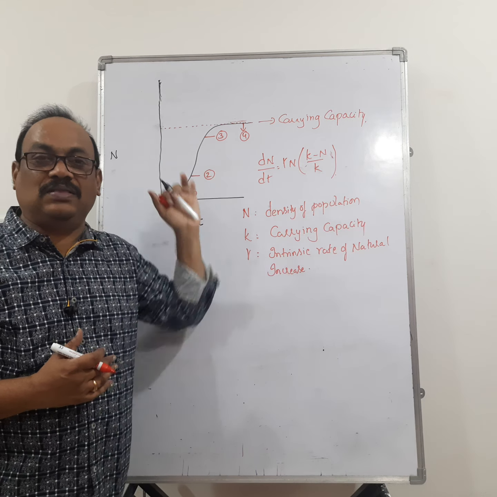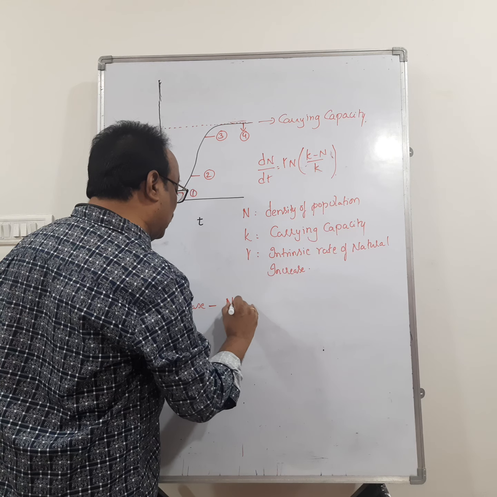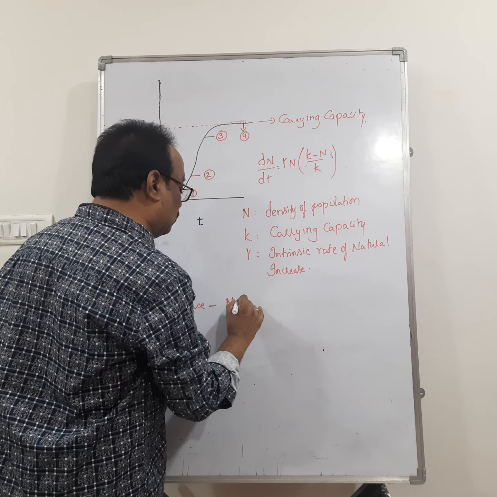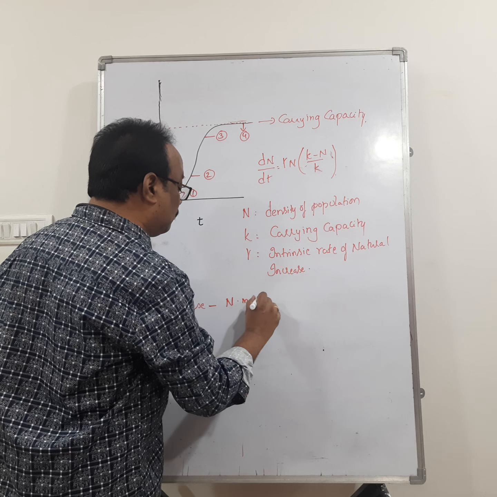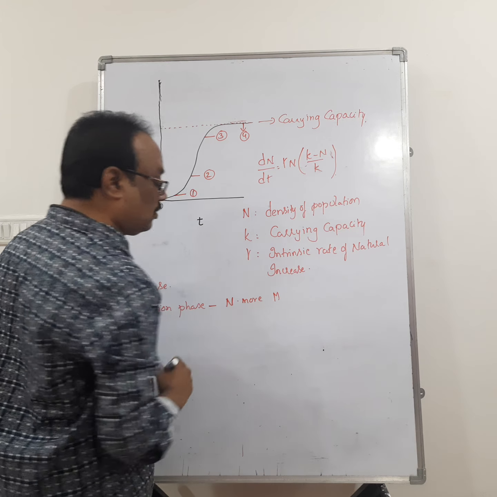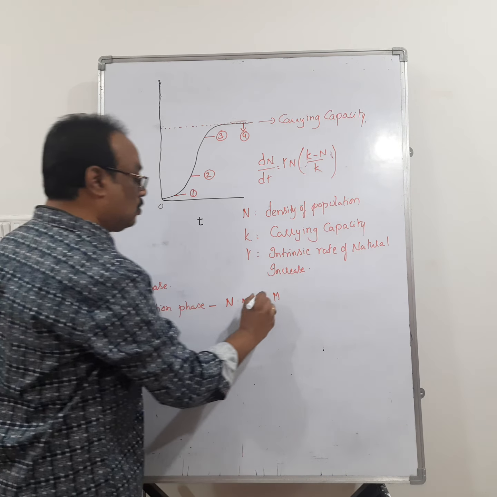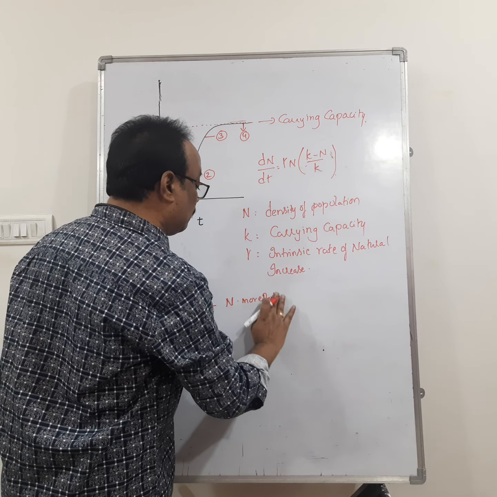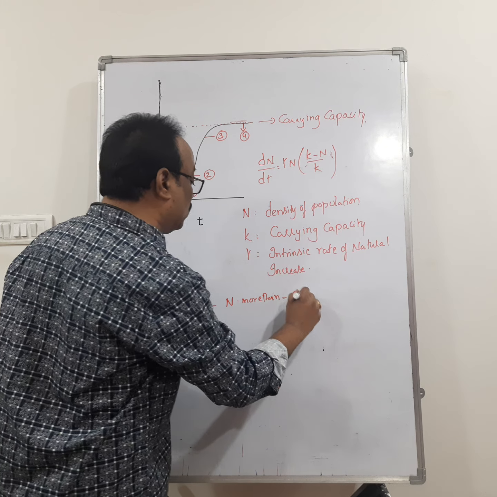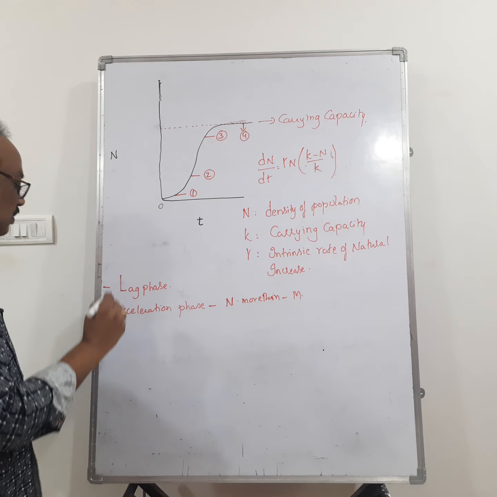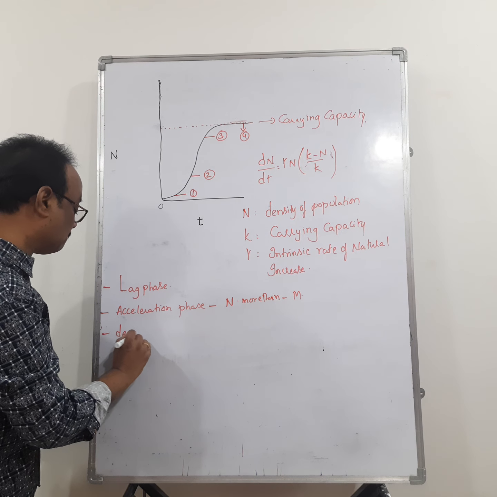Here the birth rate is more than the death rate. That means in acceleration phase, the natality rate is more than the mortality rate.